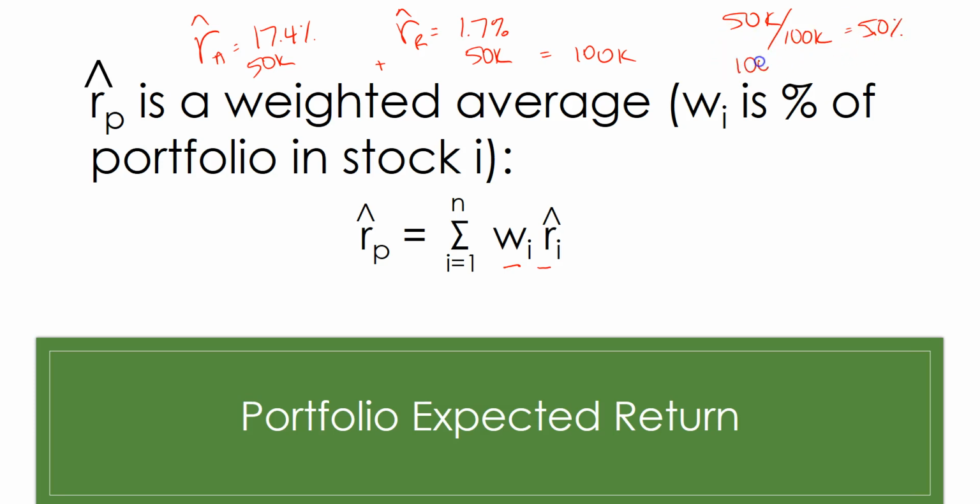The remaining 50% is invested in RepoMin. So Alta has 50% of our investment and an expected return of 17.4%. We have 50% of our money invested in Repo, and it has an expected return of 1.7%. So the expected return of the portfolio then is 9.6%.